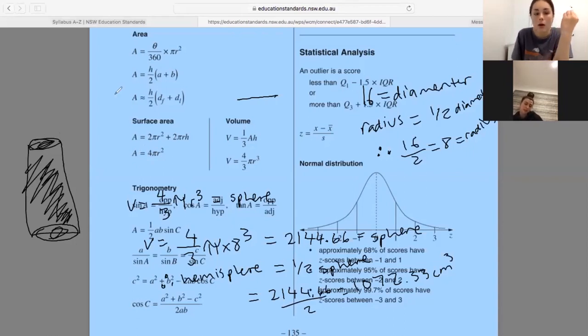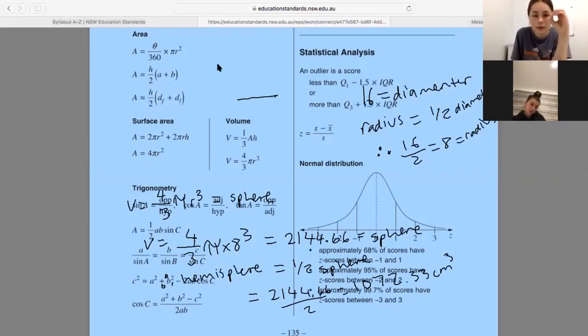You know how you said before the pi r squared one? And we said that was the area of a circle. If we have two circles in a cylinder, then it's going to be 2 pi r squared. That's right. What does the h at the end of it stand for? That's the height of the cylinder.